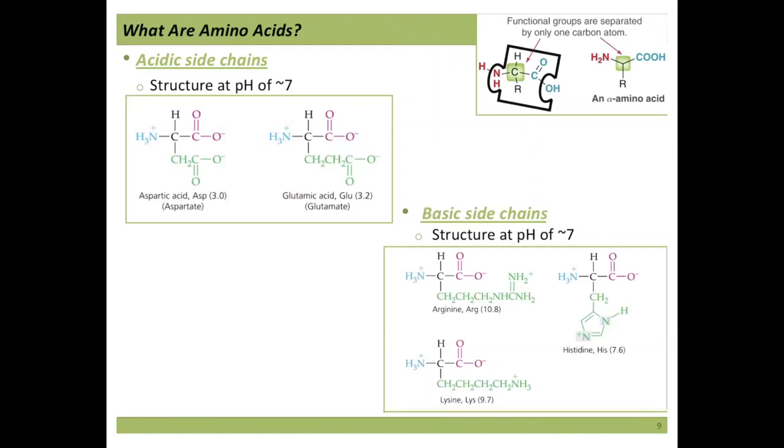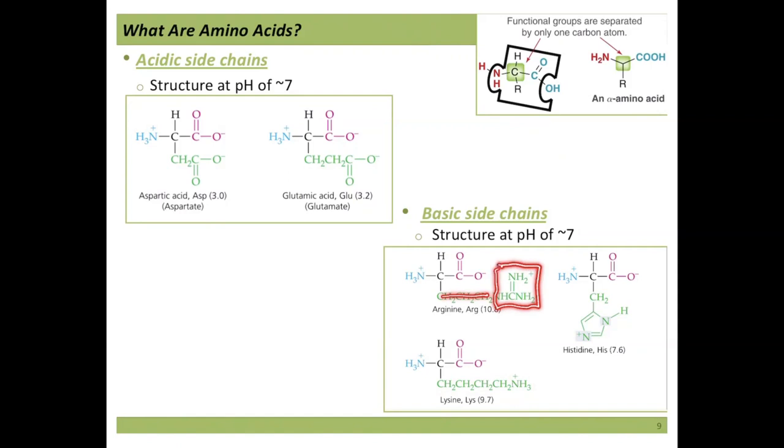And then we have basic side chains. And they kind of vary in structure. Down here, we've got lysine that contains just a normal amine. It's actually got a butyl group connected to an amine, and that is lysine. We have this arginine here that contains this interesting motif right here known as a guanidine.